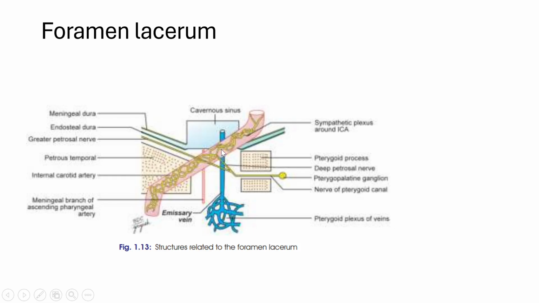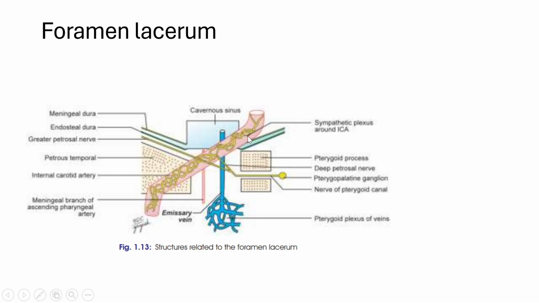You will see it is entering the cranial cavity through the carotid canal, and it will pass within the petrous temporal bone and come to the apex of the petrous temporal bone and will be traversing the upper part of the foramen lacerum. I'm not saying it is passing, it is traversing, along with the sympathetic plexus around it and the venous plexus around it.